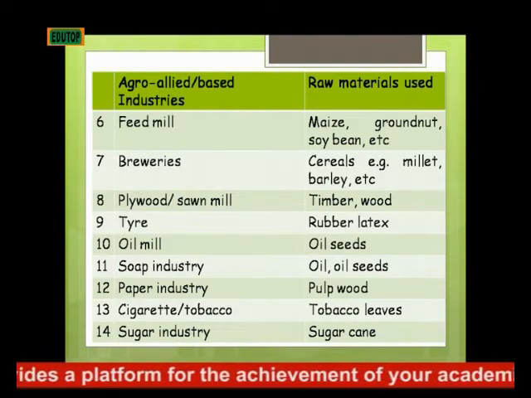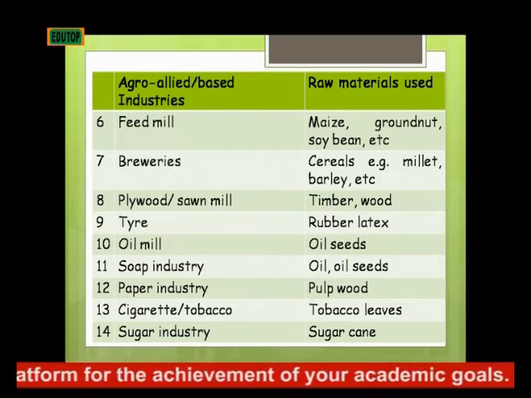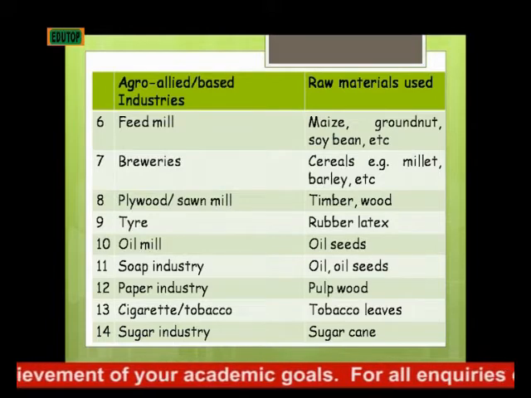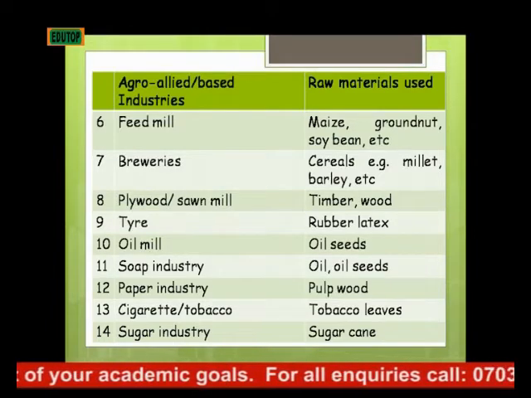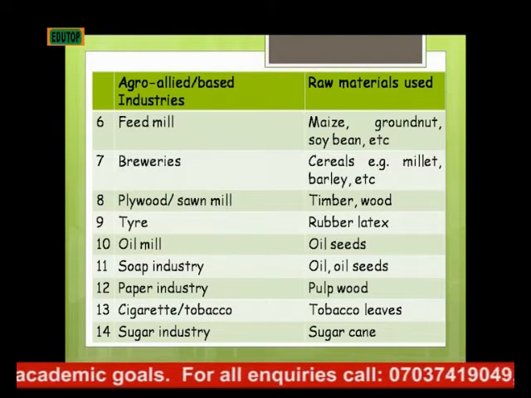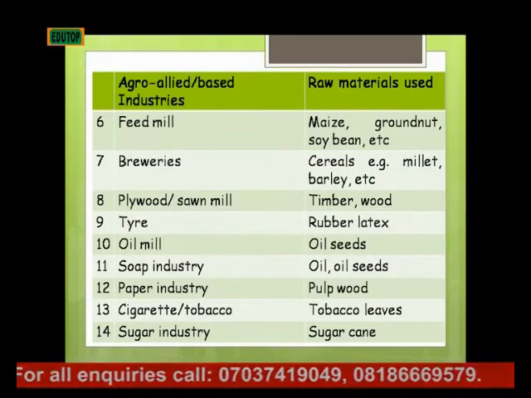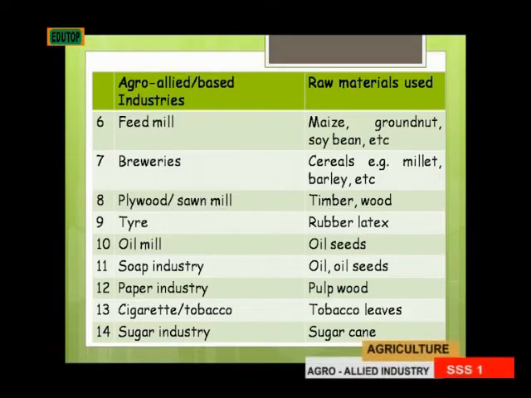Then we have the plywood and the sawmill industry, which make use of timber, that is softwood, or timber as their raw material. That is, they make use of logs of wood, which are harvested from the forest reserve.